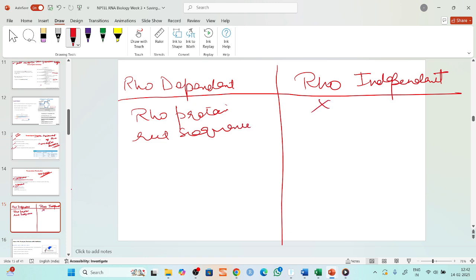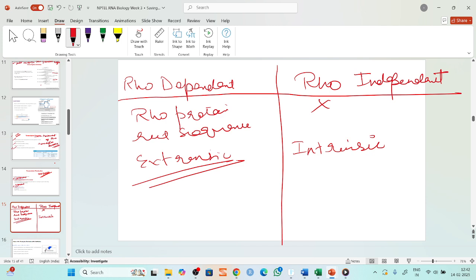Here it is not needed. Rho dependent is an extrinsic termination, because some extrinsic factor, which is your rho factor, is required over here. Here it happens by itself. So it is intrinsic termination.